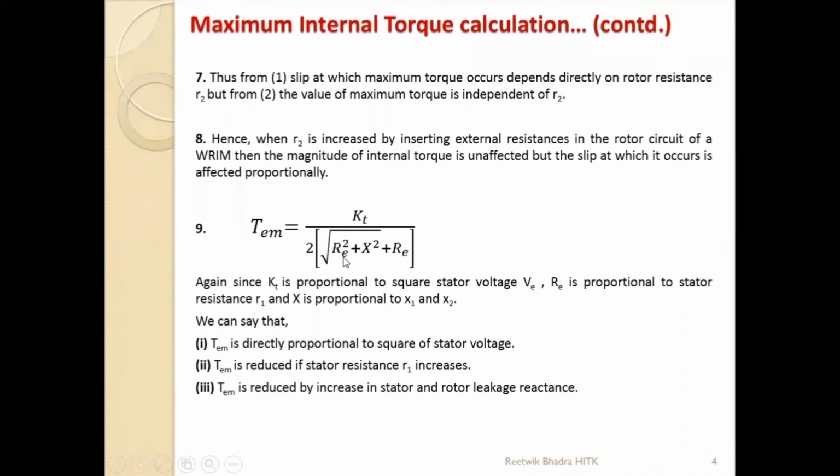And in your RE, there was a term X1 also. So stator and rotor leakage reactances both affect your TEM. So if you try to change your stator and rotor leakage reactances, your TEM will change. But these are inversely proportional. So if you increase these values, this will be reduced. So these are the 3 points which we have written over here.